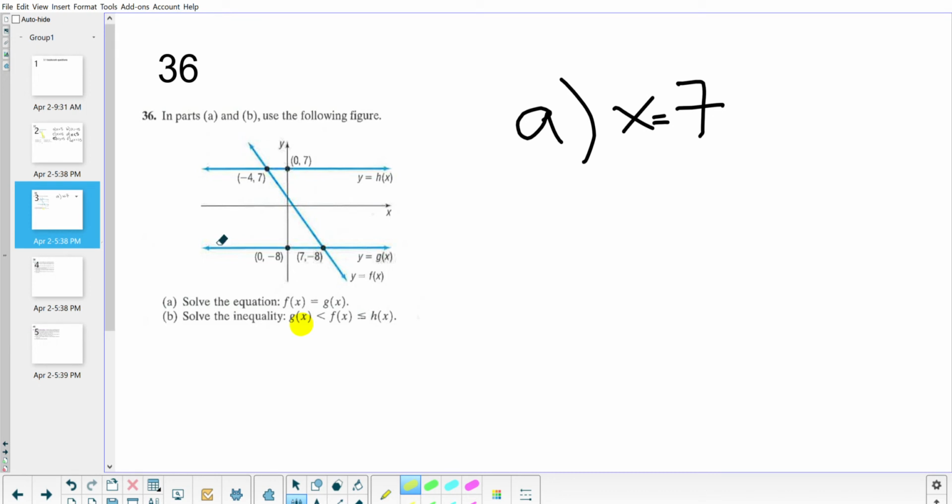So like right here, is there anything below it? No. Over here, anything below it? No. Okay, then if I look over here, is there anything below this portion right here? Yeah, because this line is extending this way. So that's when F actually becomes the lowest. But if I look to the left of X equals 7, G is the lowest.